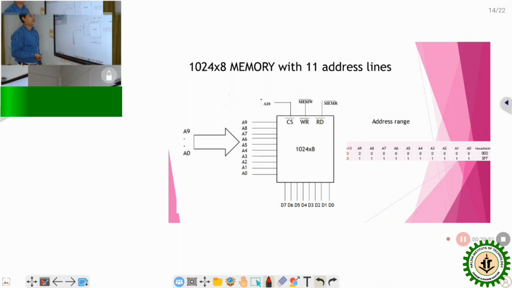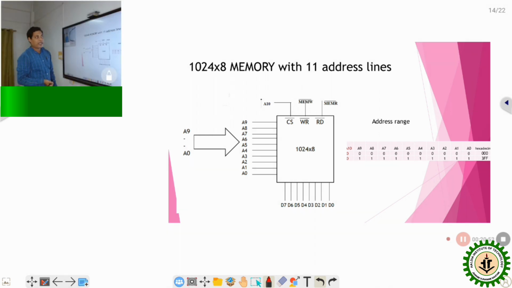Now, if we consider one additional line, that is interfacing of 1024 with 11 address lines, then what to do? As usual, with the memory chip the A0 to A9 lines will be connected to select the individual memory element or individual registers.